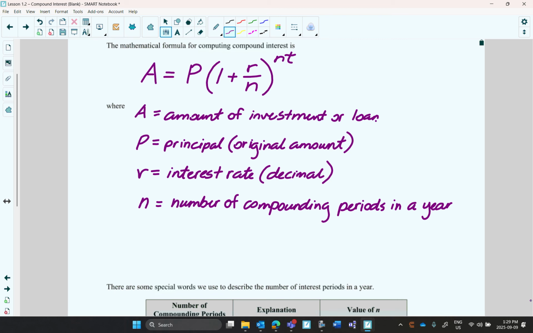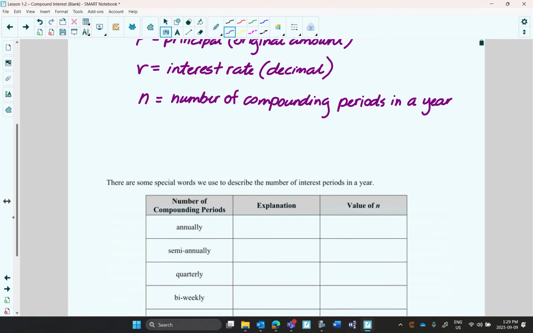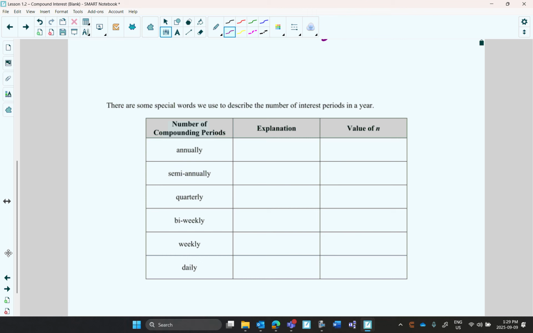If interest is compounded semi-annually, interest is calculated twice a year, halfway through the year and at the end of the year. If it's compounded monthly, how many times would interest be calculated in a year? 12. If it's compounded daily, 365, etc. So before I say T, that's what these refer to. So annually, once per year, so the value of N is 1.